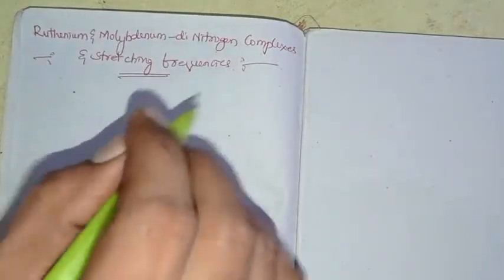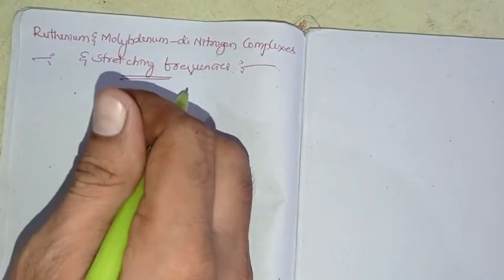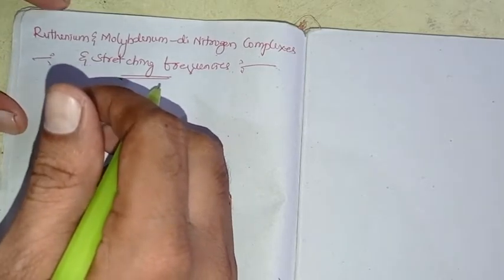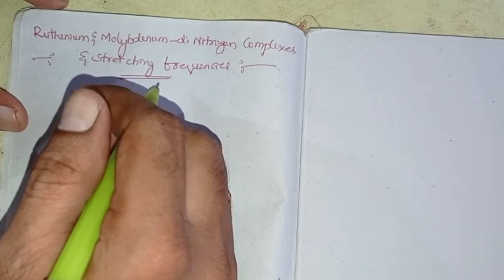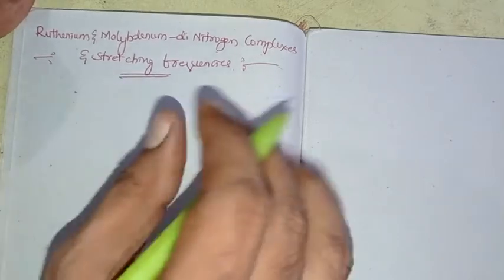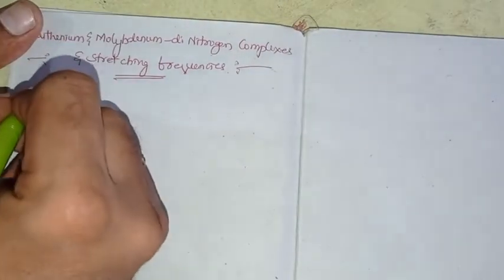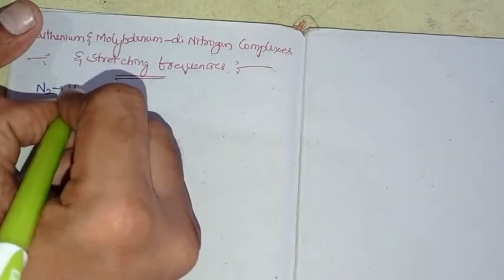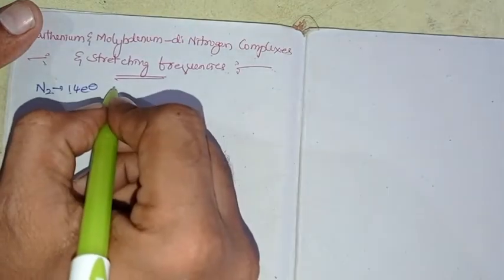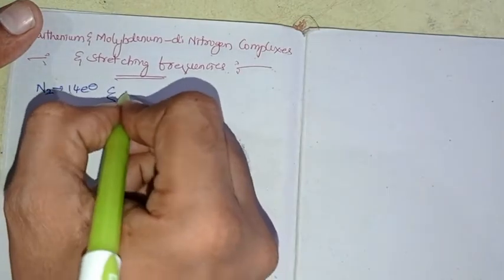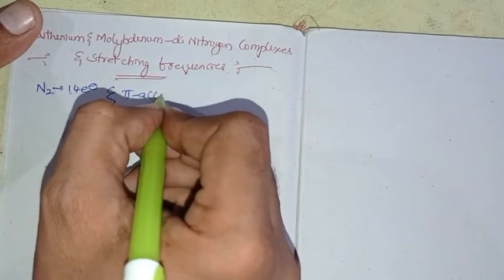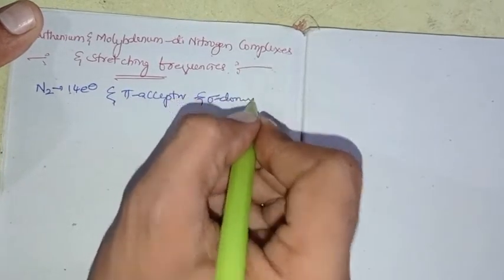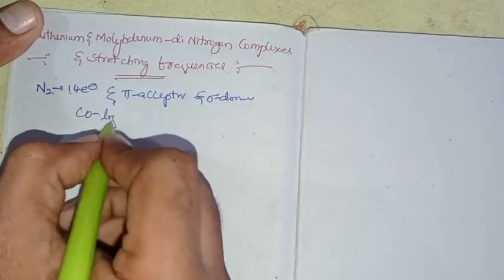Hi everyone. Today we are going to discuss the ruthenium and molybdenum clusters, the ruthenium and molybdenum nitrogen complexes, and the stretching frequencies of those complexes. To discuss this, the dinitrogen has 14 electrons, and it is a pi acceptor and sigma donor, such as the carbonyl ligand.